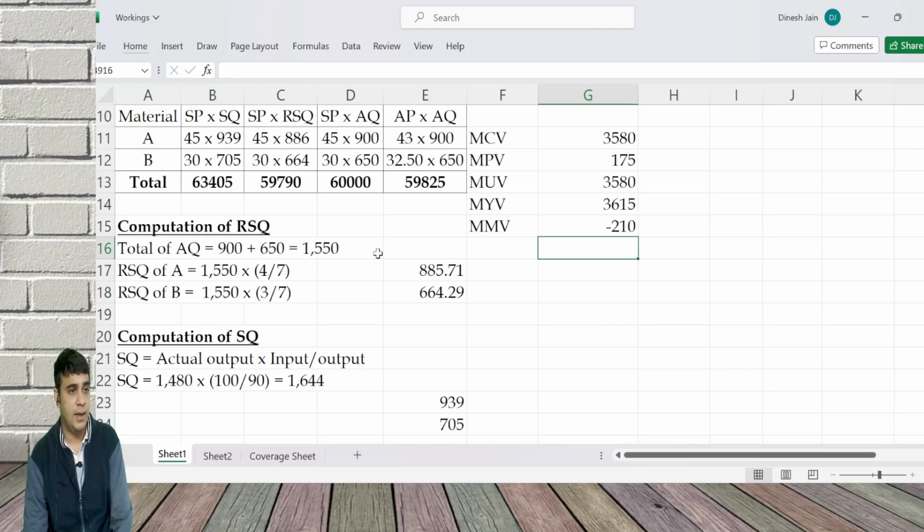Any doubts on the material variances? Same only, no? 1400 by 1400 minus 10% is same. It's 100 by 90 technically. No, no. In this case, you'll have to see mathematically is it equal or not. So 1400 minus 10% or 100 minus 10%.